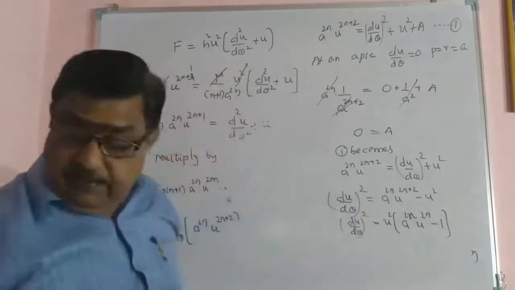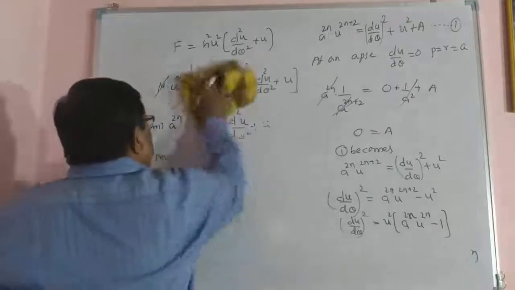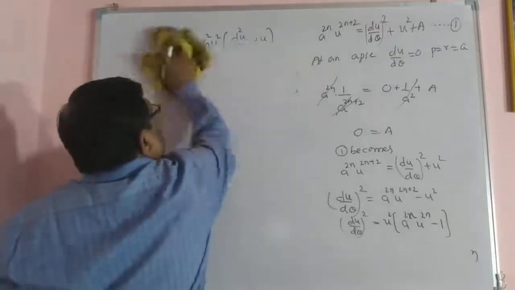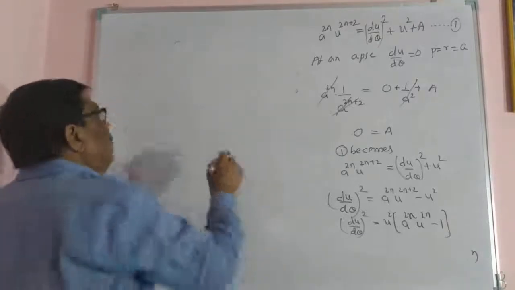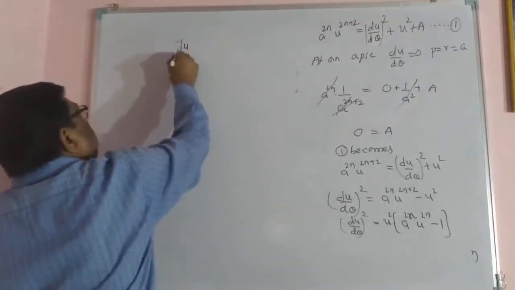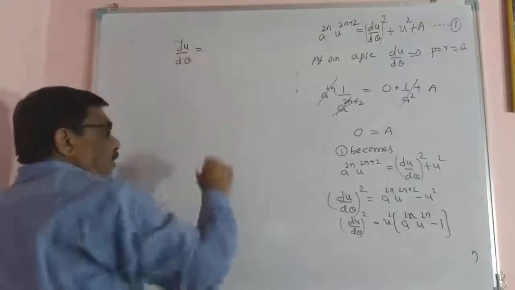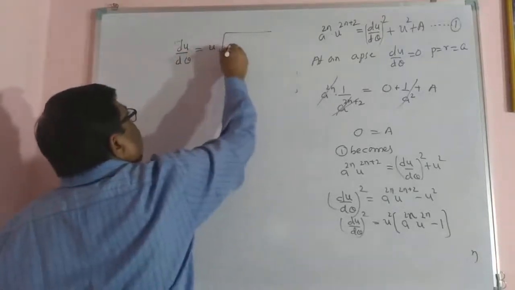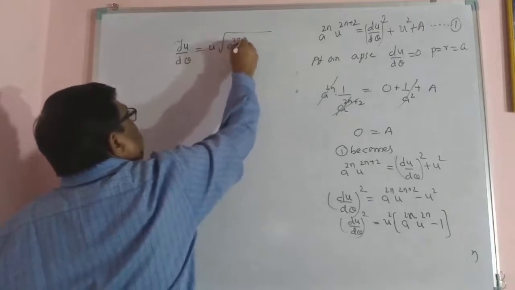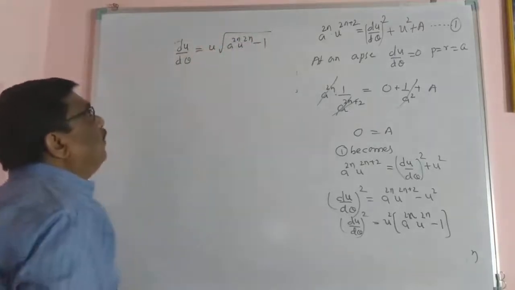Taking the square root, positive square root, just in order to get the answer, because the answer given is in cos. So du by d theta equal to u square root of a raised to 2n u raised to 2n minus 1.